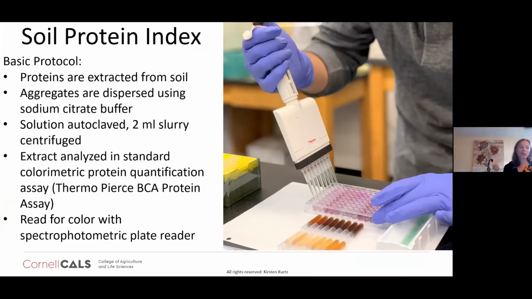We then autoclave that solution and we pull out a 2 ml slurry solution, which is then centrifuged. We then analyze this extract using a standard colorimetric protein quantification assay. We use the BCA protein assay, and then it's read for color with the spectrophotometric plate reader. And you can see that last step here on the screen, the way that those colors change.